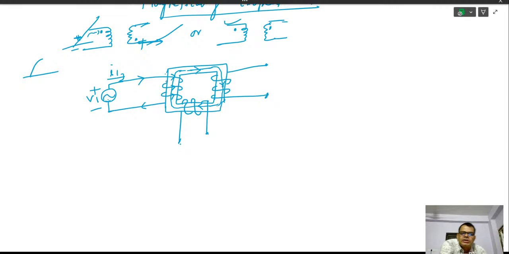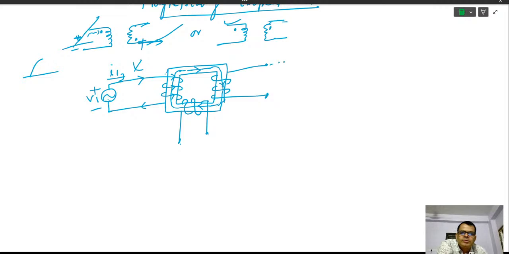That the induced voltage in the linking coil will have a polarity in such an orientation that when you connect a load, it will produce a current through the coil which will oppose the very cause producing it. The very cause is this one.